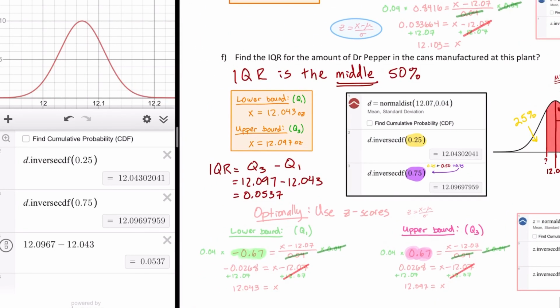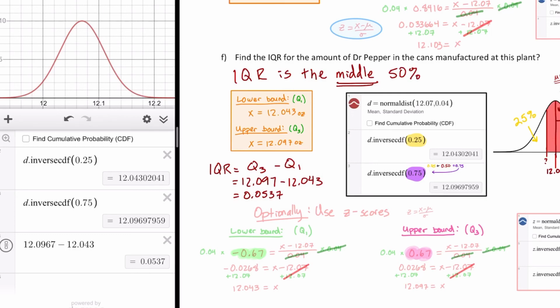So here, I do the same thing, the negative 0.67, x minus the mean divided by the standard deviation, go through the same solving, and we get 12.043, which is what we got a second ago. For my upper bound, or Q3, now is a positive 0.67, same math, multiply and add, and we get 12.097. And then we can do the subtraction for the IQR again, and we end up with 0.0537.